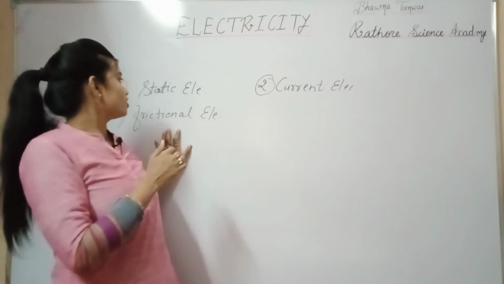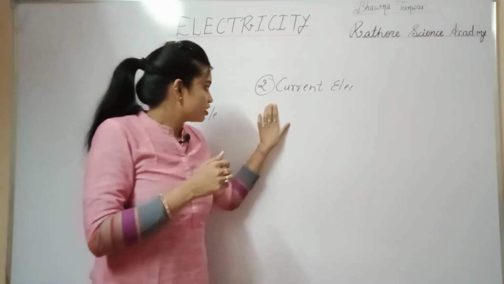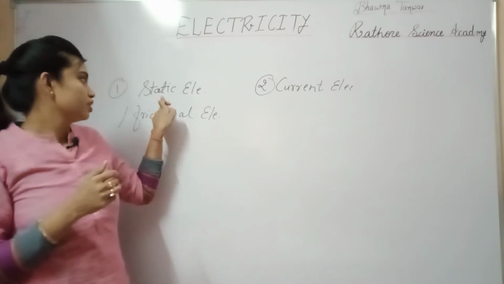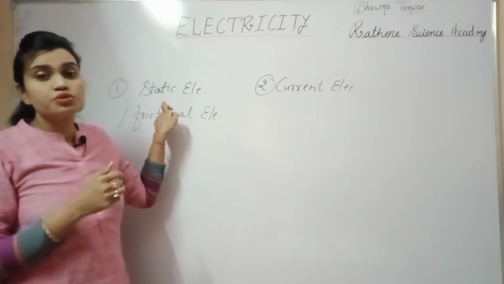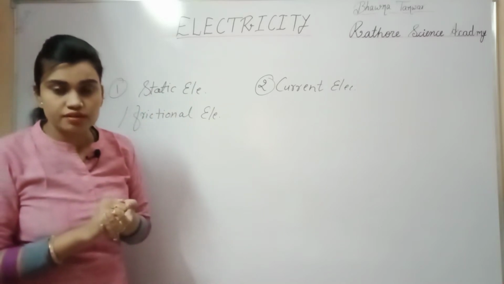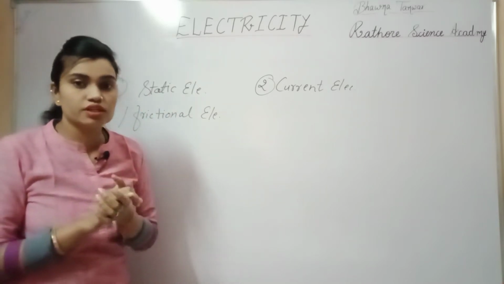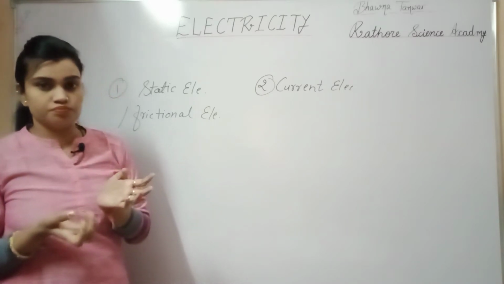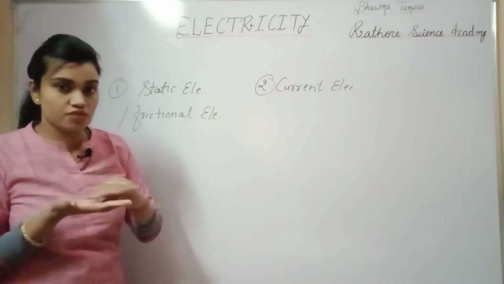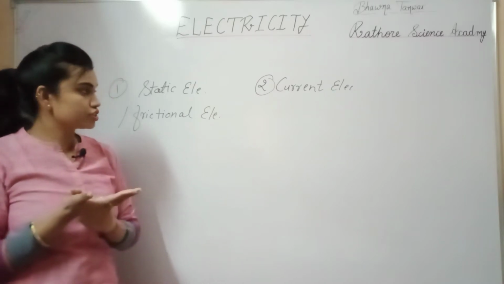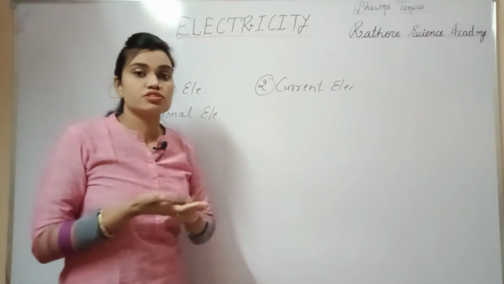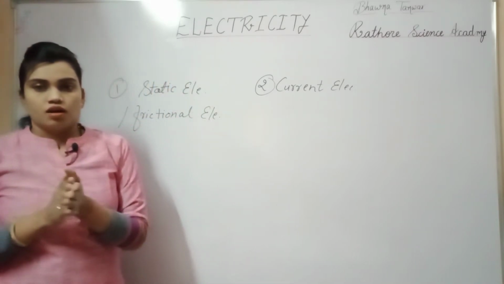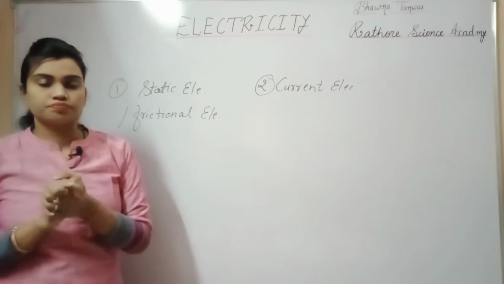So the important thing we understand is that static electricity is produced while rubbing two bodies. Transfer of electrons occurs, and charges are produced on the surface of the other body, due to which it sticks to the wall or the paper sticks to it.